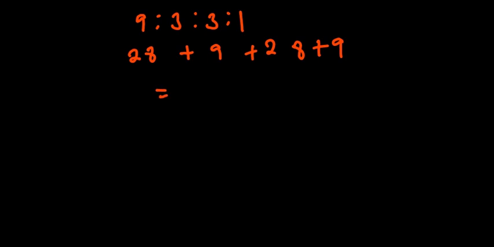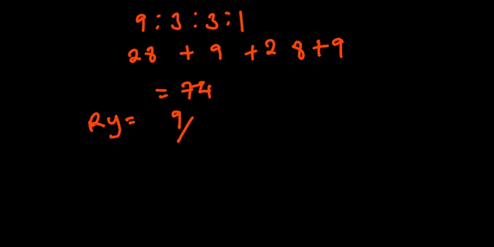Okay, so to calculate the expected total number of offspring, we're going to say for the round yellow, 9 out of, when you add the ratio, these are ratios, right? So when you add these all, they're supposed to give you 16. So 9 out of 16, what's the probability?